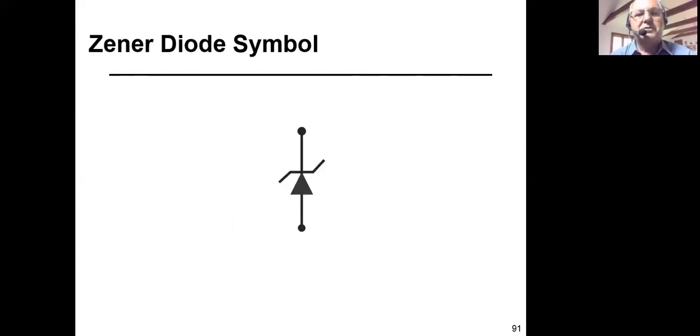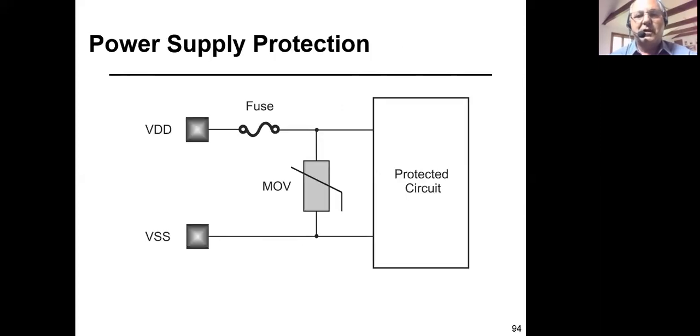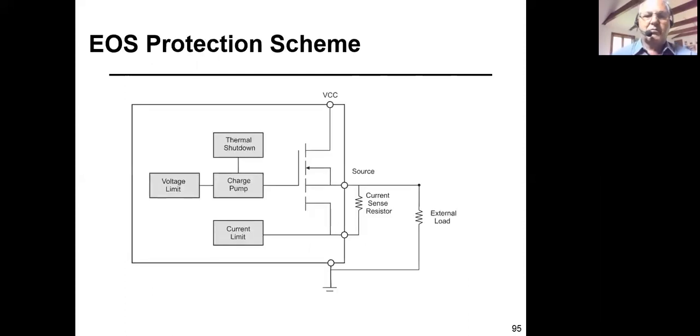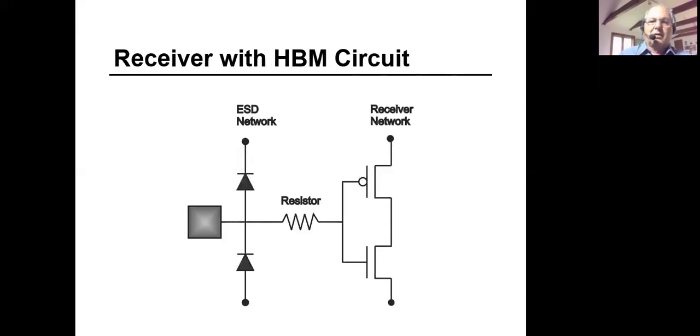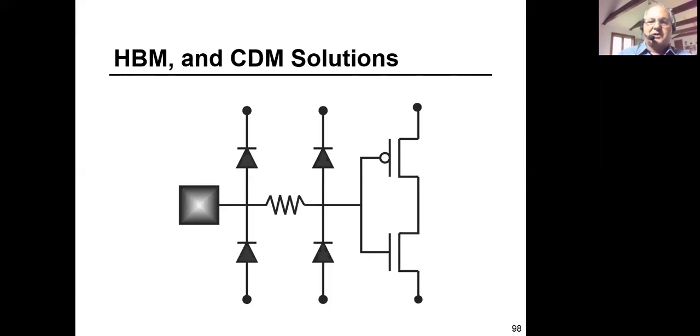Schottkys are used, Zener diodes are used, and metal oxide varistors are also used to protect EOS systems. There are other methodologies where some of the solutions are built into the circuitry using current limits, voltage limits, and thermal shutdown. There's receiver circuit protection for human body model and charge device model.